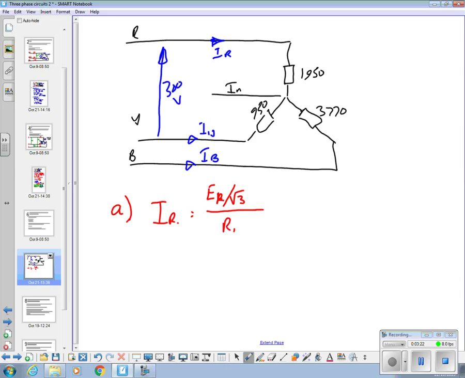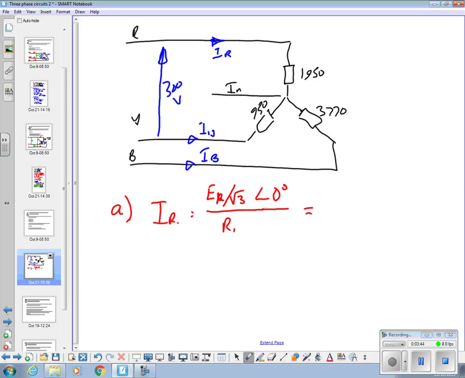What do I really need to add to that voltage? For completeness, angle 0 degrees. Yeah?